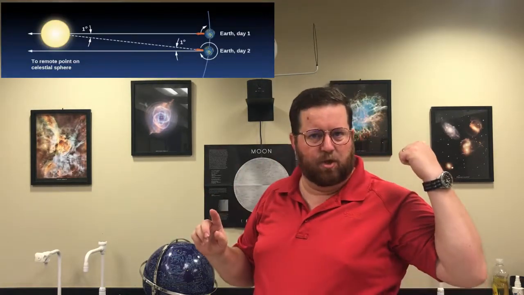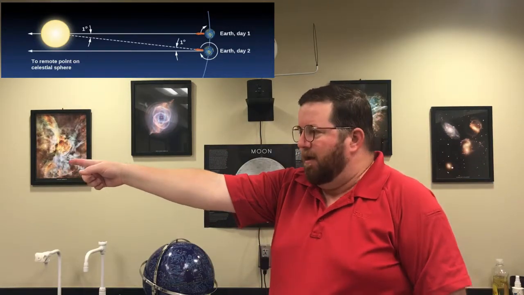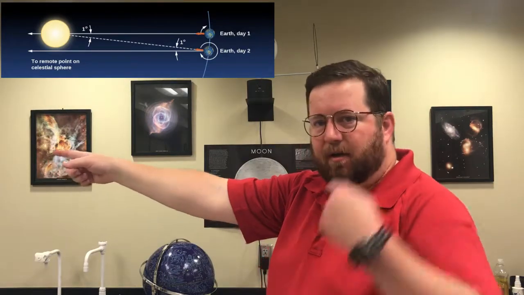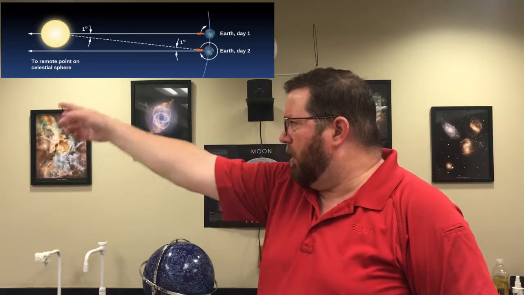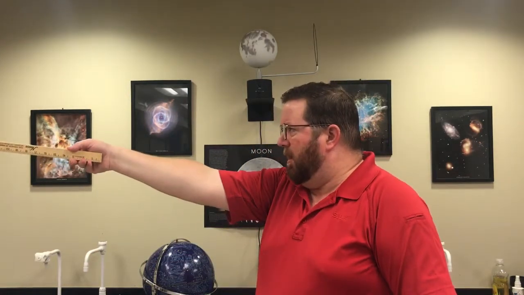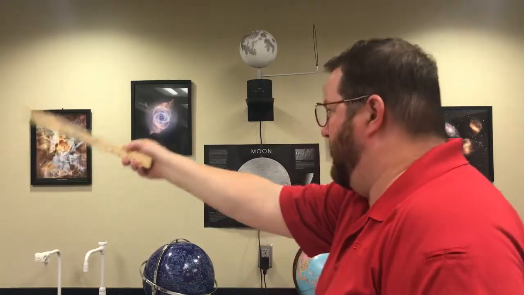Because let's say it's noon one day and it's midnight another day, you're looking at the stars at midnight. Well, now the Earth is going to make one step around the sun in its revolution around the sun, and the stars that were here at midnight, now they're going to be here. And then if you wait another day, they're going to be here.